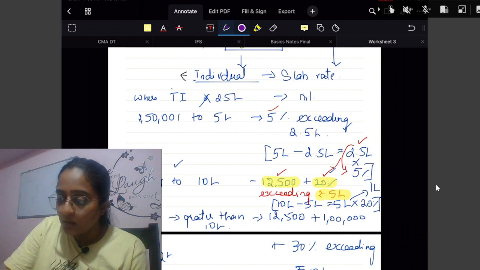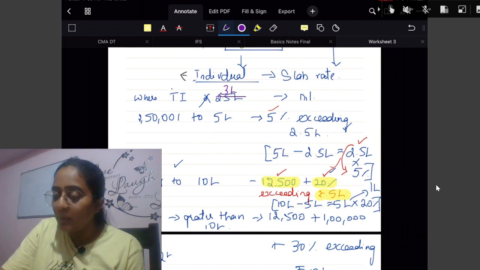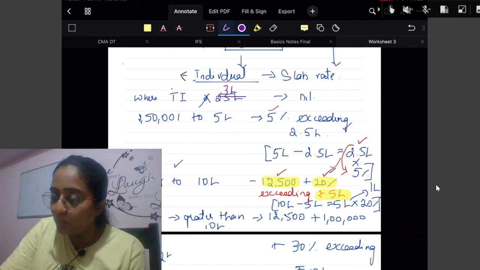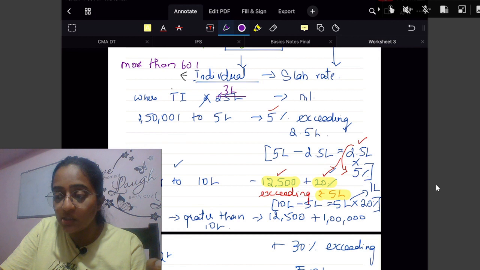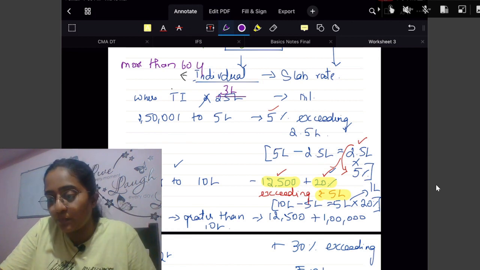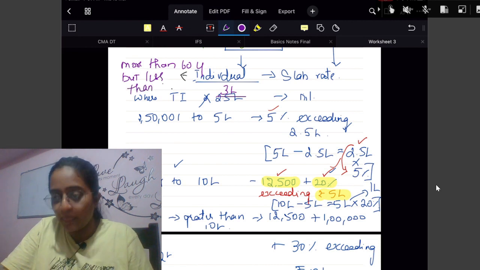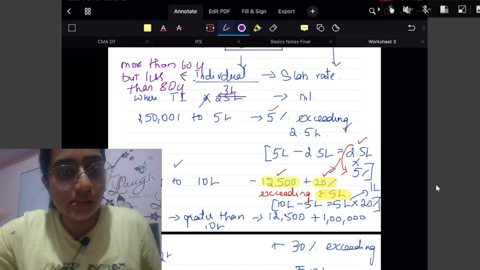See, this 2.5 lakh exemption has been increased to 3 lakh for the people who are more than 60 but less than 80.